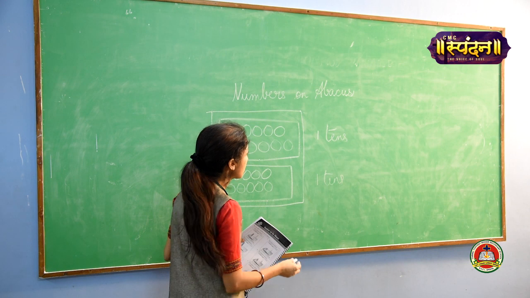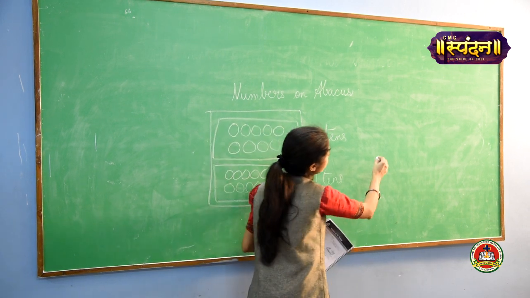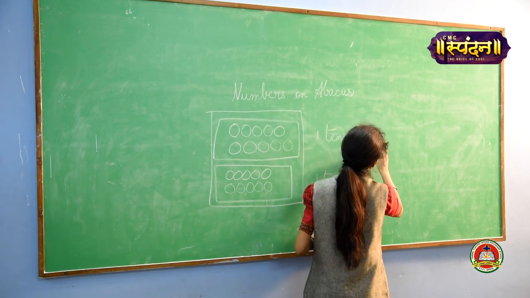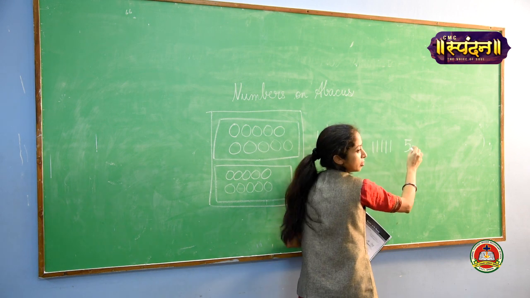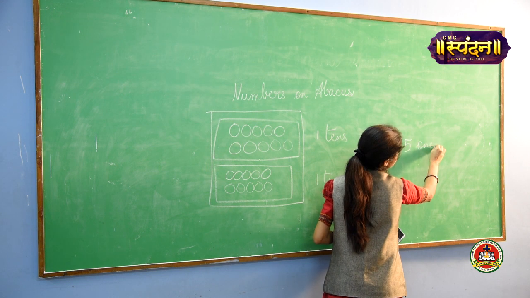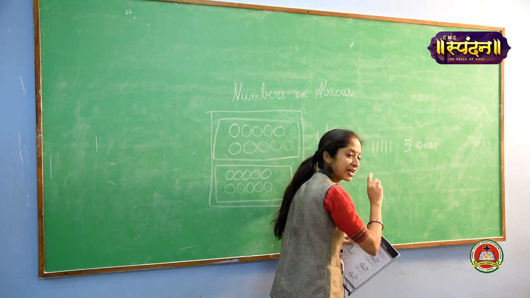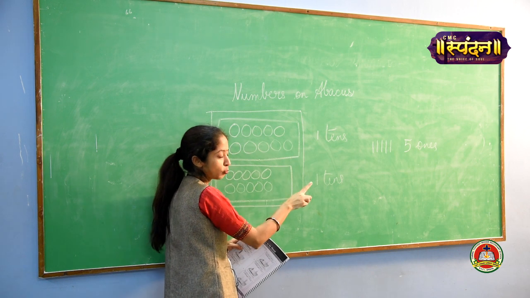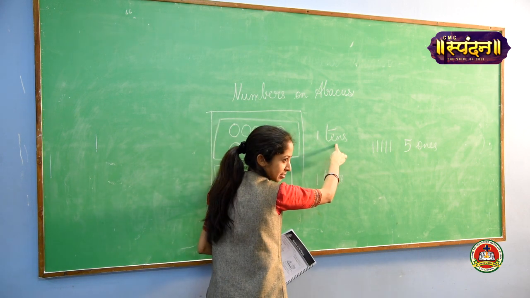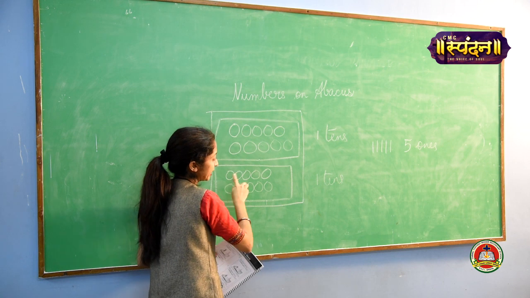And what is ones? Suppose we have only 5 things, 1, 2, 3, 4, 5, it is 5 only ones. They are only 1 times 5. Here we have 10 things all together in one group, that is 1 ten, and in another group we again have a ten.